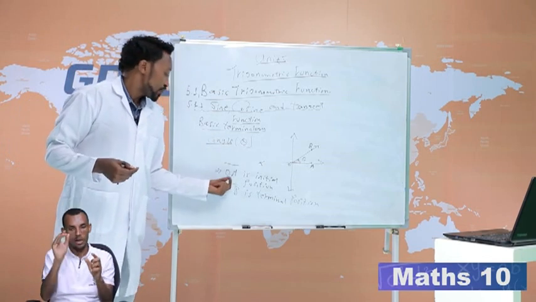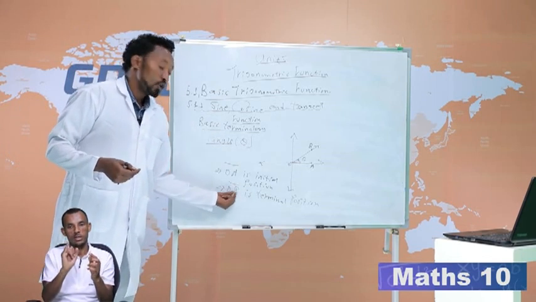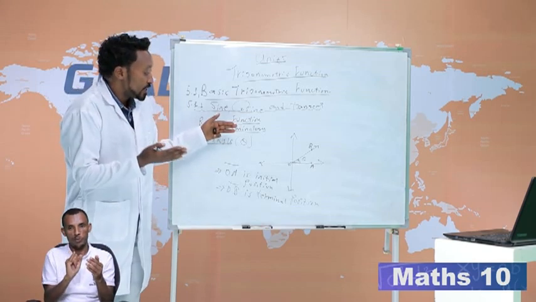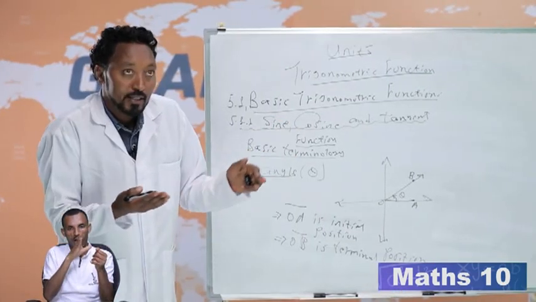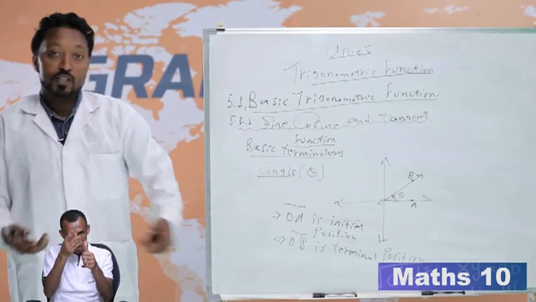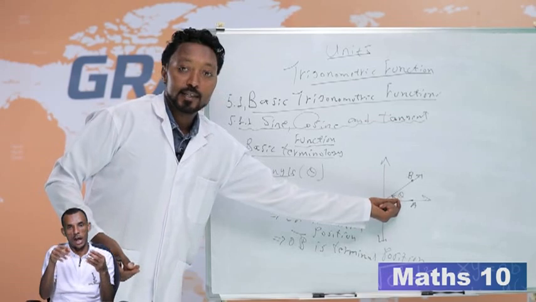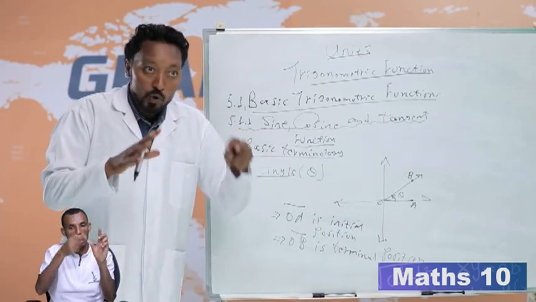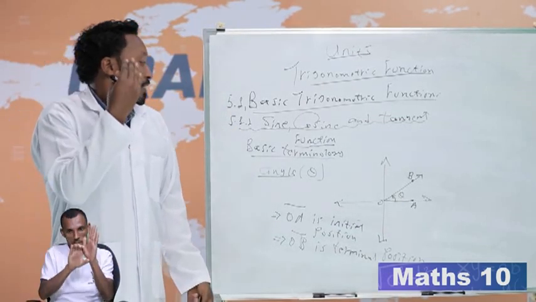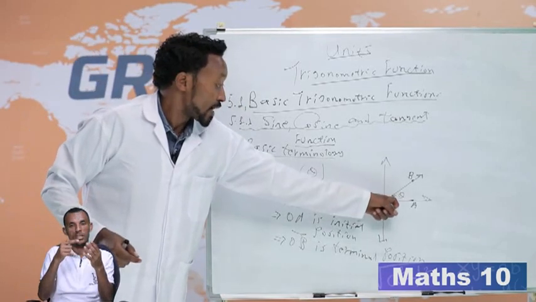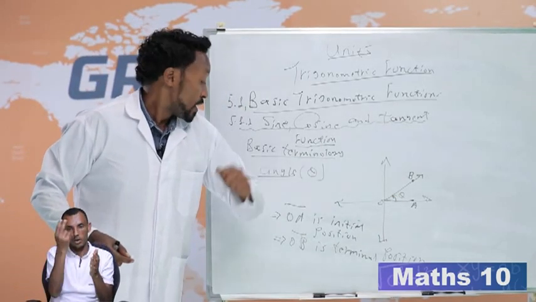The terminal position of this angle theta is OB. From this, this region is known as angle theta. The whole chapter is concerned with this angle theta. Therefore, this angle theta is used in the whole chapter.